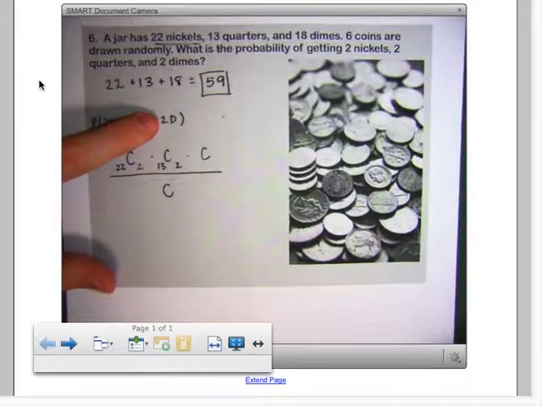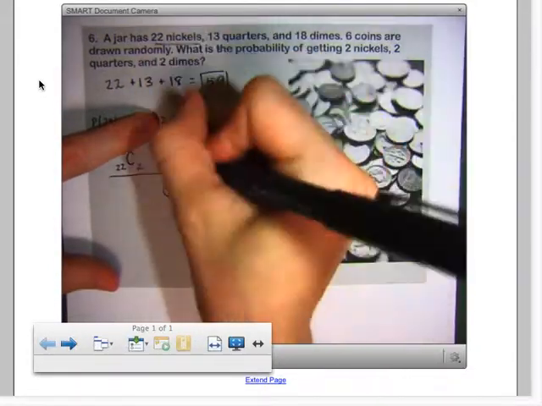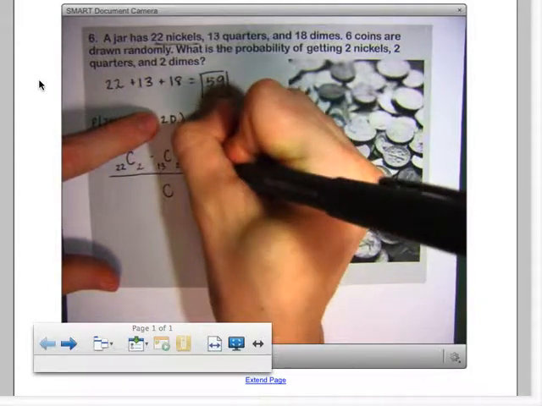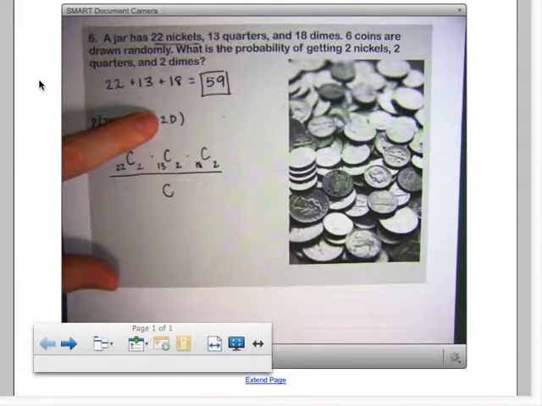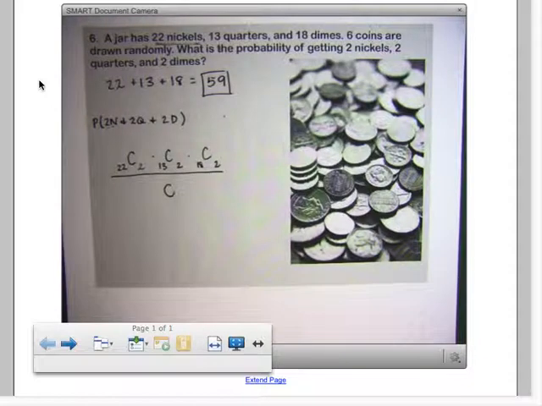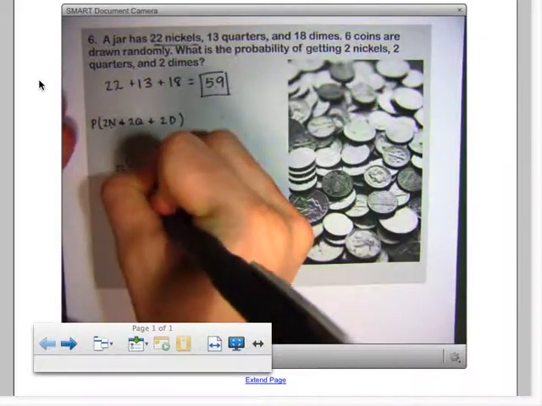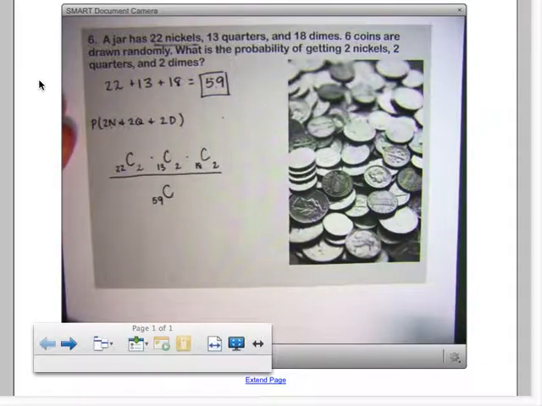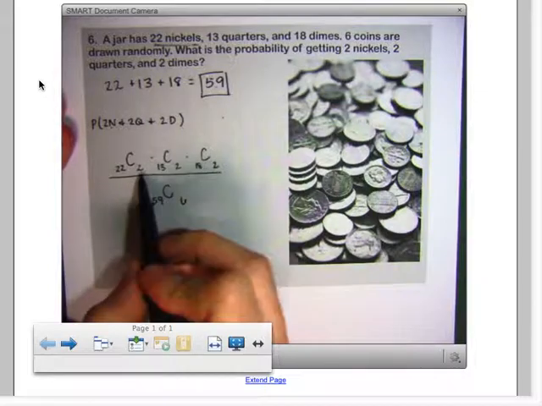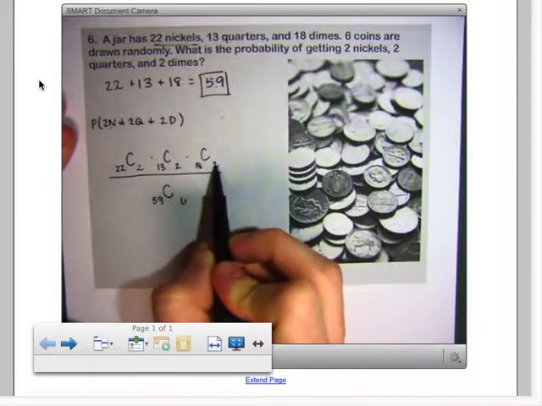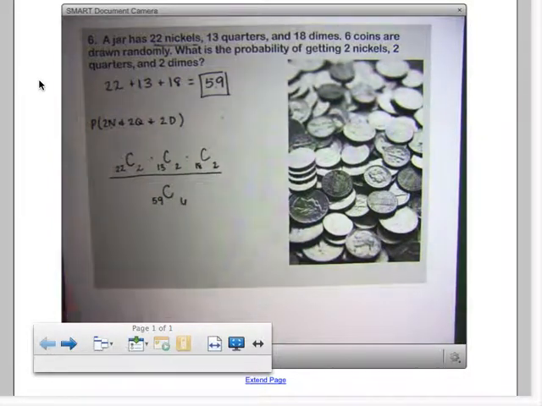And then the last one, I want 2 dimes. Up here, there's 18 dimes total. And we only want 2. Okay, and then for this total down here, there are 59 coins total. And I am trying to get 6 coins. And we have 2, 4, 6, and then 6. So your numbers should match.